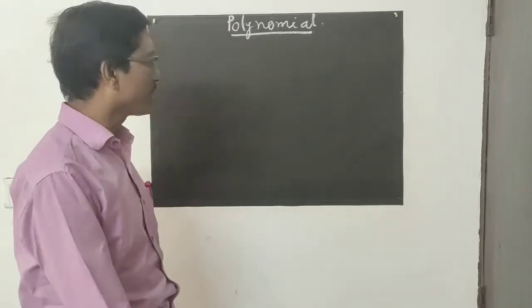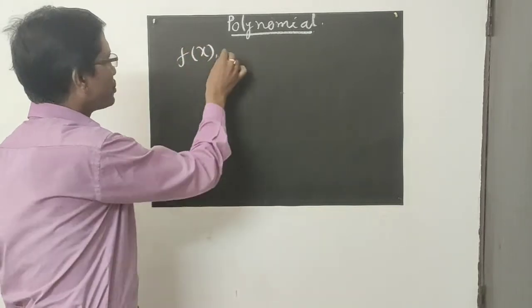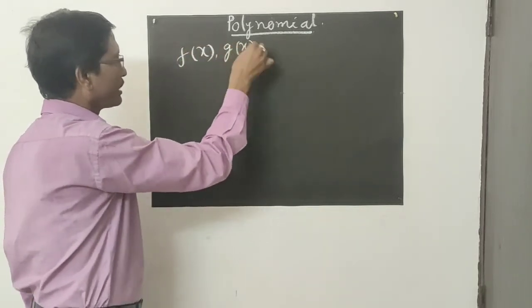Suppose you have a polynomial f(x), and g(x) is another polynomial.